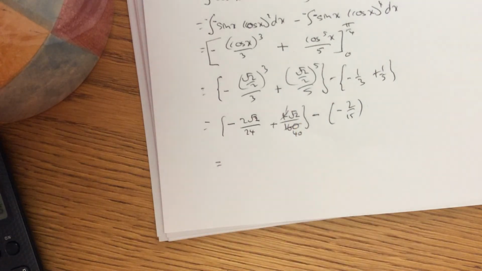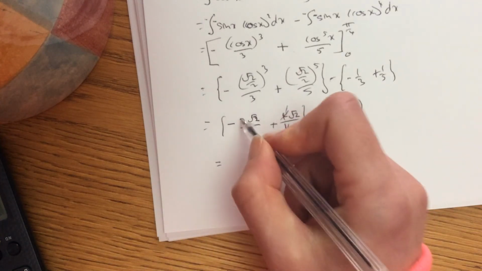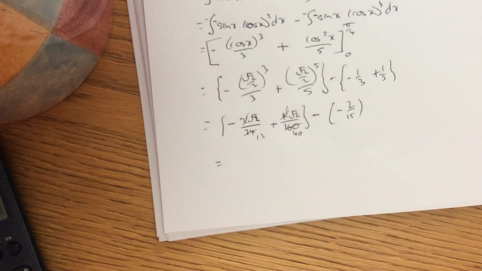So I'm just going to put this into the calculator. Root 2 divided by 40, take away root 2 over 12, so it's root 2 divided by 12, and then I think I want it exact in there.